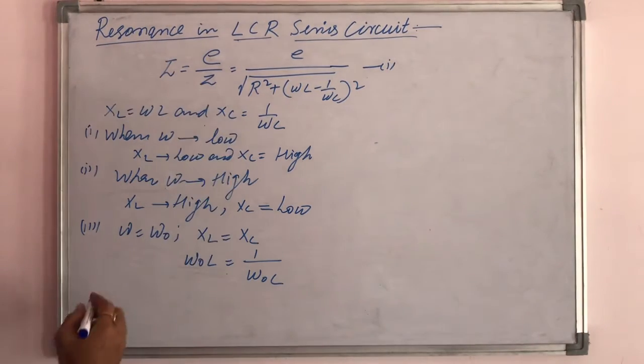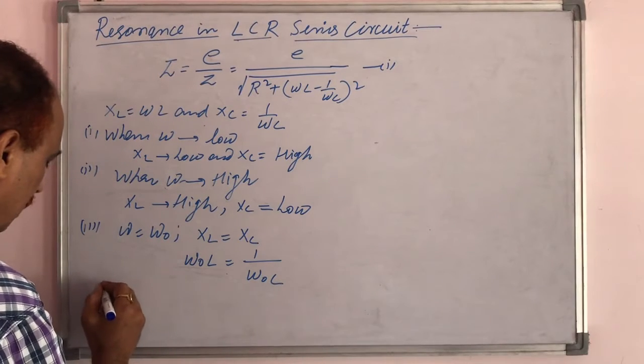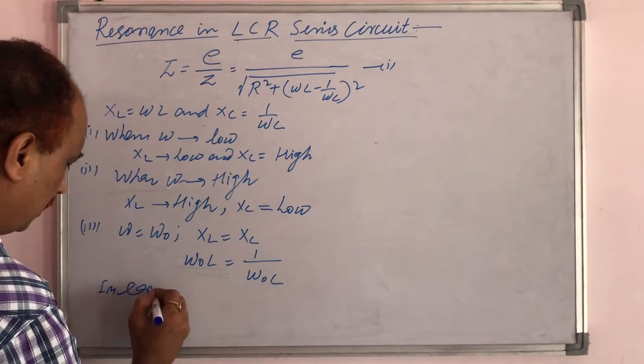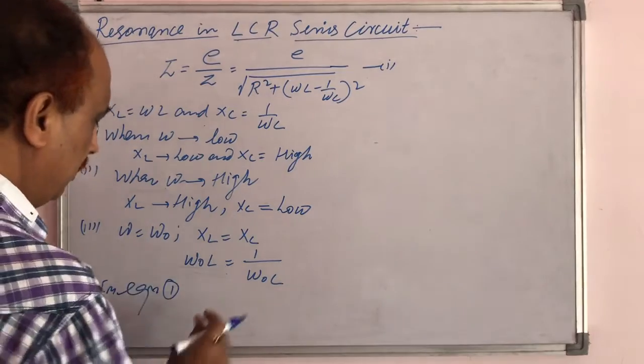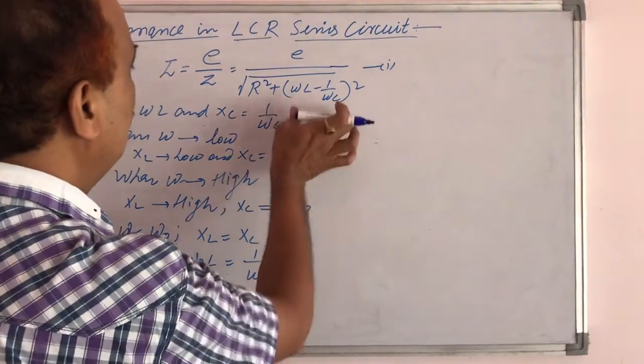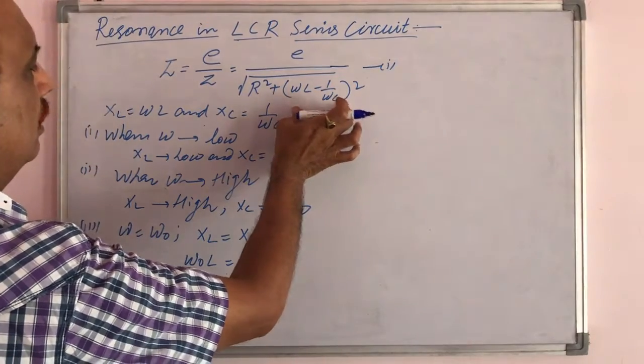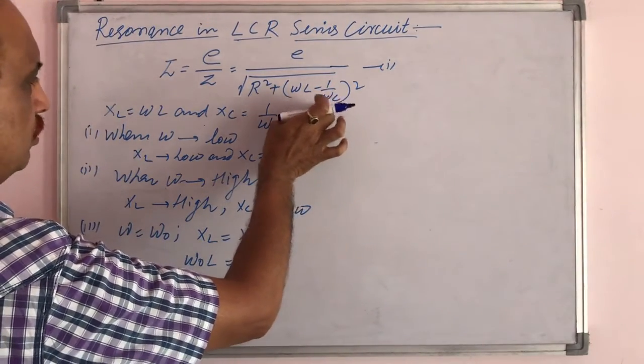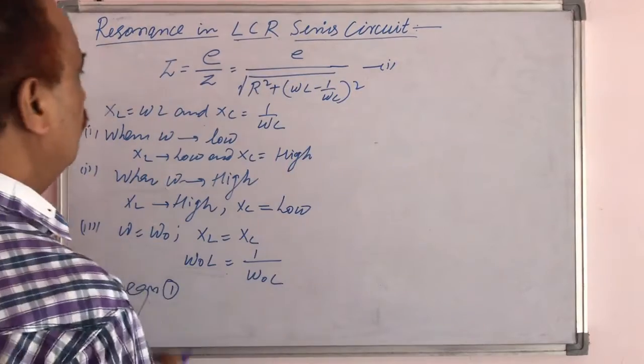If we see equation number 1, when omega naught L equal to 1 upon omega naught C, this difference is 0.